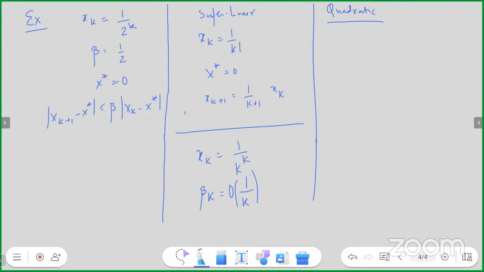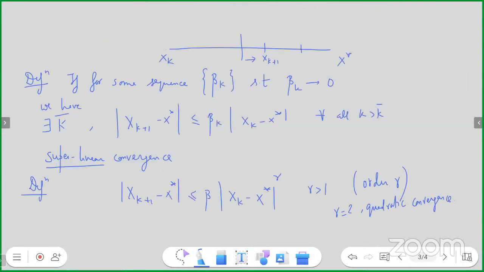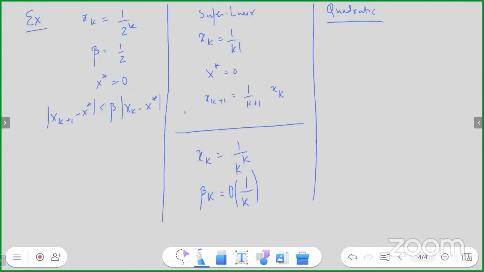Will this work for quadratic? 1 by k factorial? You can use double exponential. I'm just trying to point out, you're saying something about going from here to here. Will this work as an example? It's not equivalent.